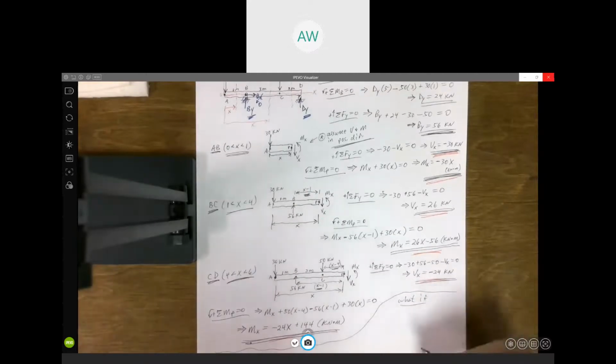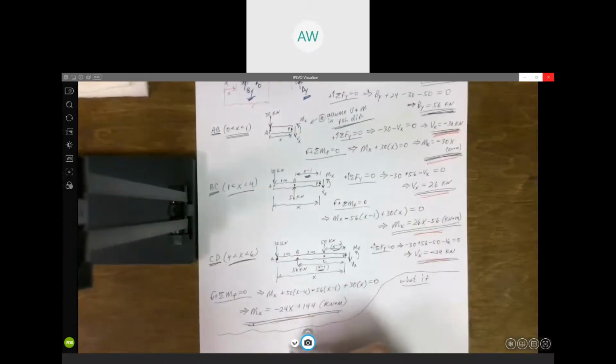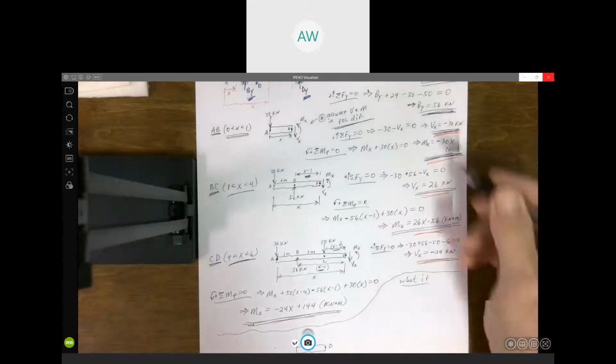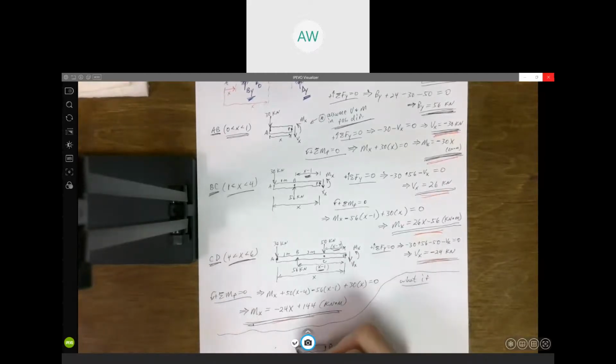Let's see. I might have more room. I'll come over here. So if we cut it between C and D, so here's D. We have obviously Dy we need to include on that, which is 24 kilonewtons. And that's it, right?